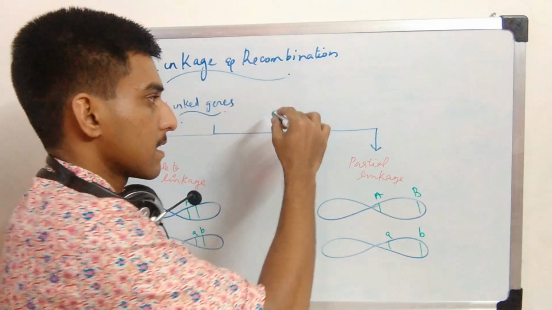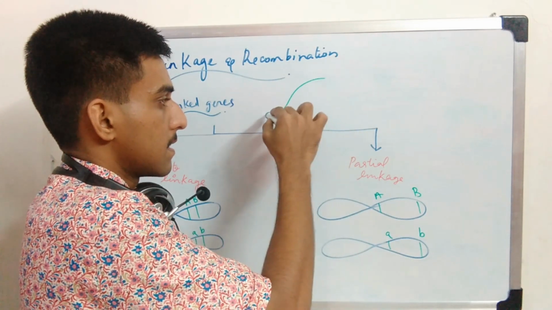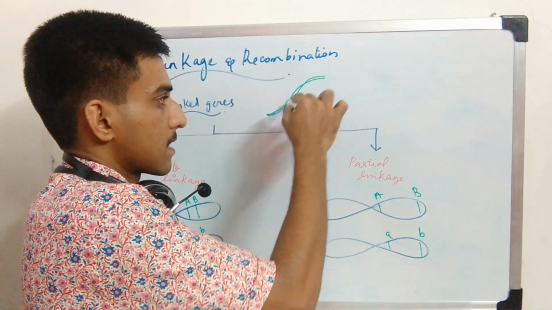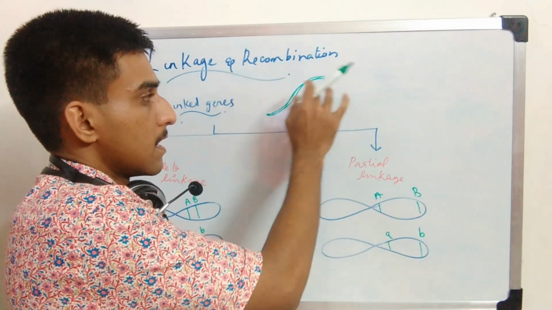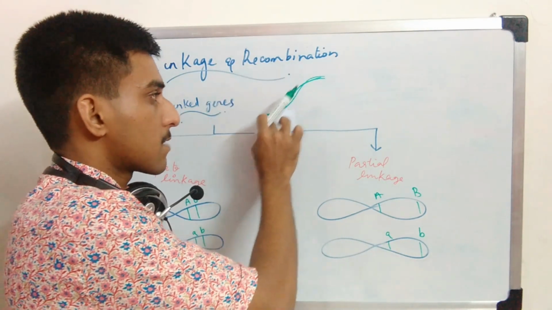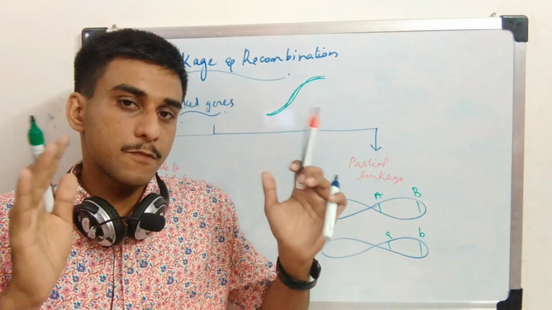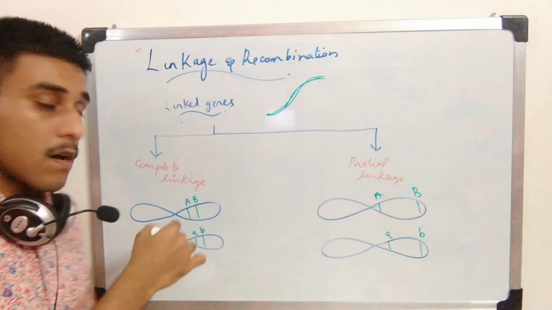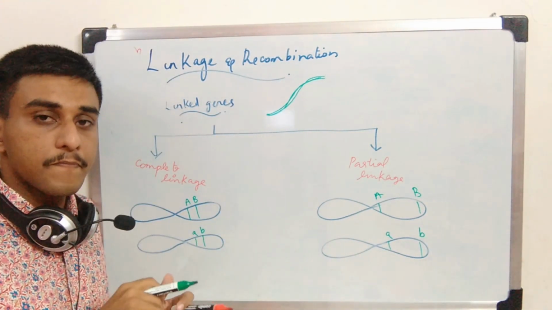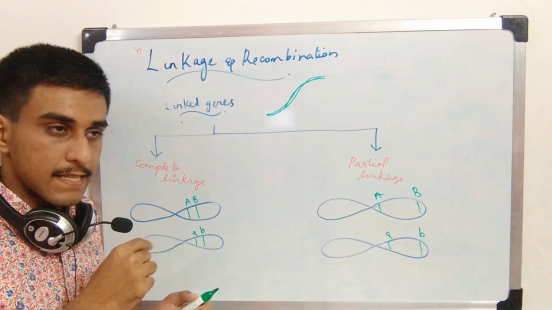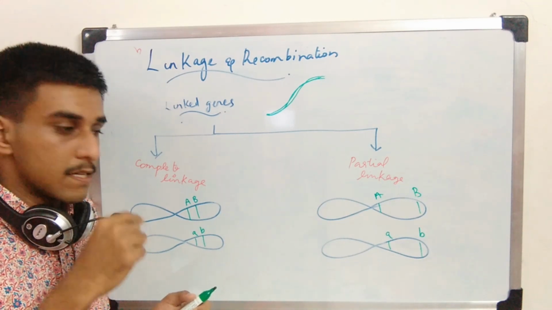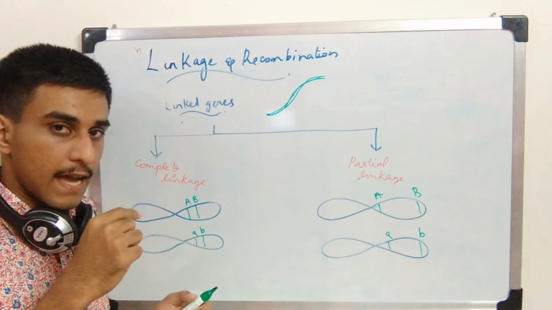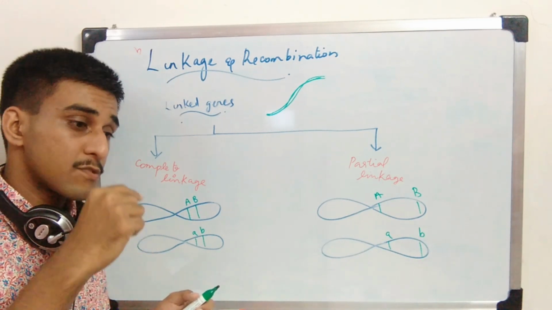Because I have drawn a line, a curve like this, because in the previous diagram there was a particular distance between two genes so that crossing over can occur. Here the chance of that linkage is very low. So we can say that here the genes are completely linked and the chance of crossing over is very less.